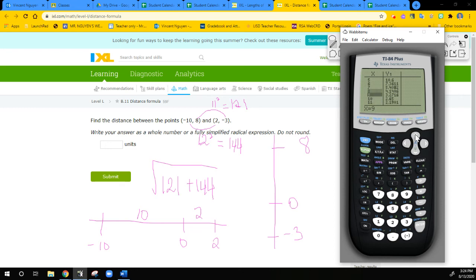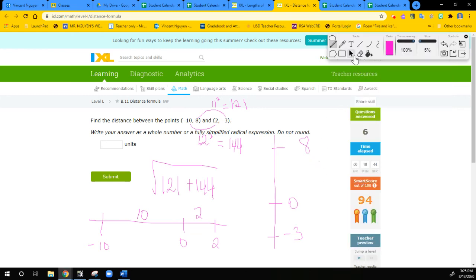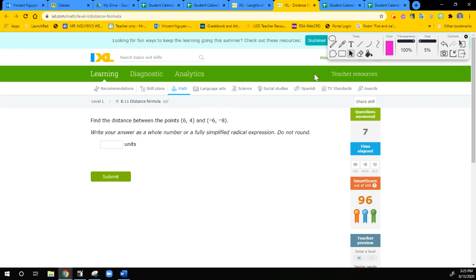Nope, no whole values that are smaller than 265 and bigger than 2. So 265 is the simplified answer, so I'm going to put the square root of 265 into my answer. Square root 265. Submit. Awesome.